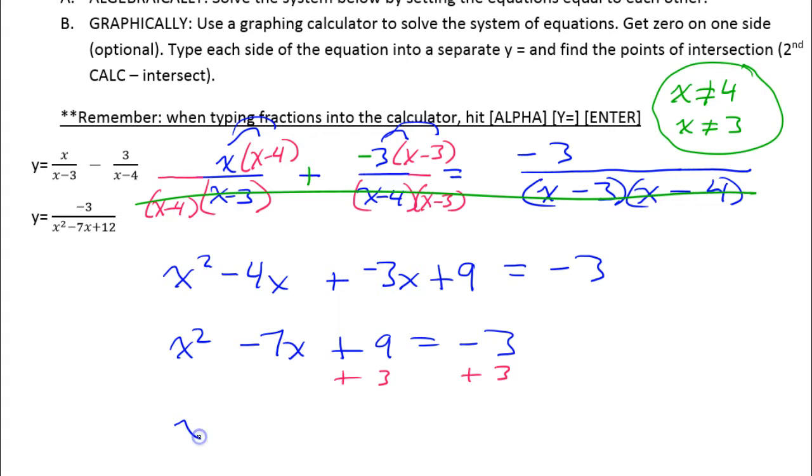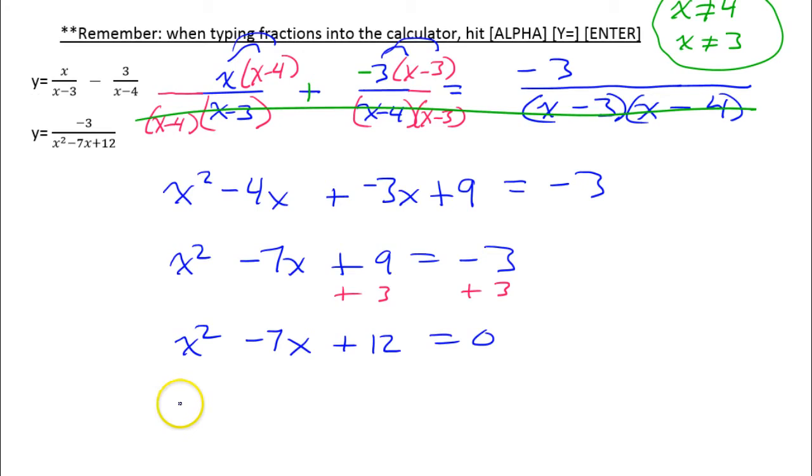So that'll be x squared minus 7x plus 12 is equal to 0. Now perhaps this is factorable. By the way, if this ever does not factor, then I have to use the quadratic formula. So just keep that in mind. It doesn't have to factor.